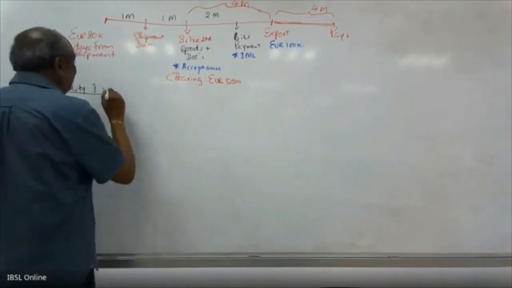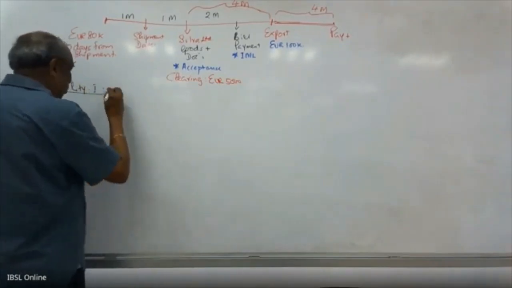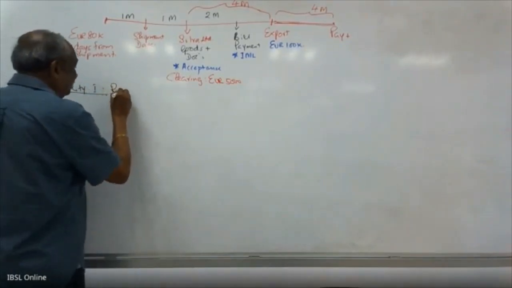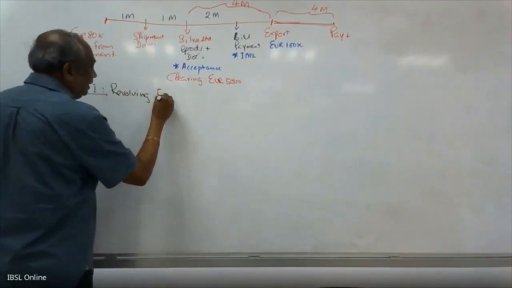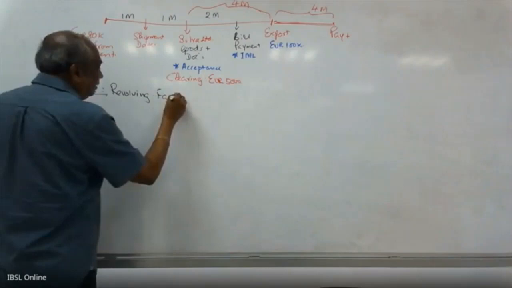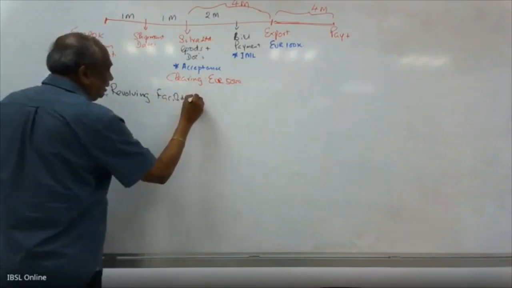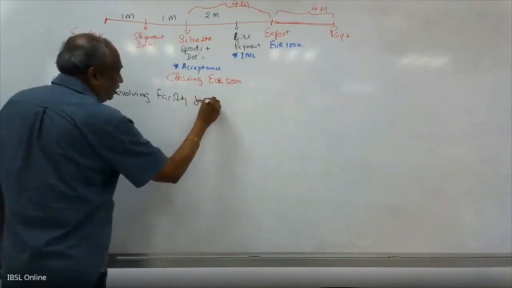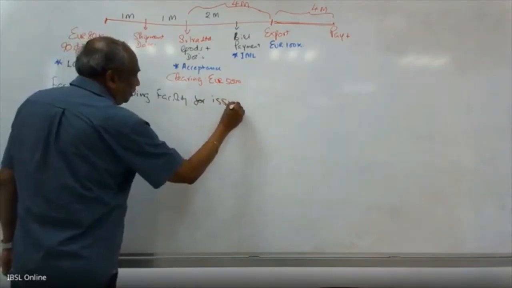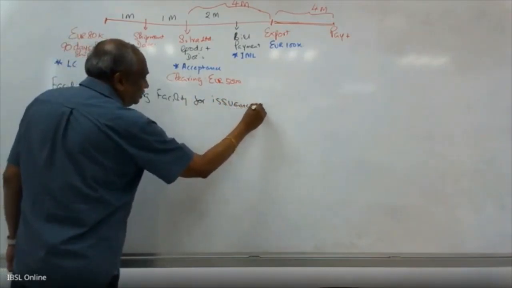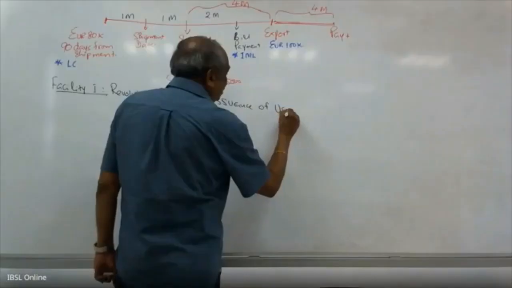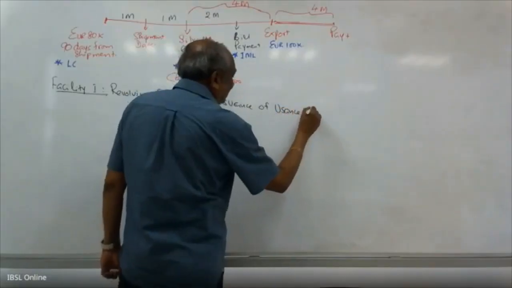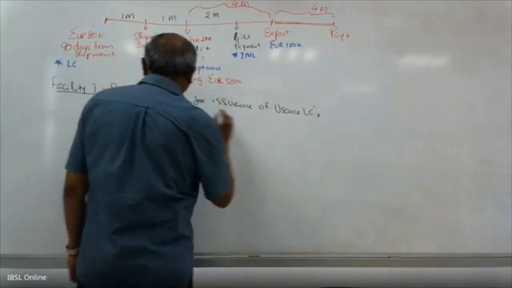Facility 1. Revolving LC facility. Issuance of LC for 90 days usance LCs. Right?